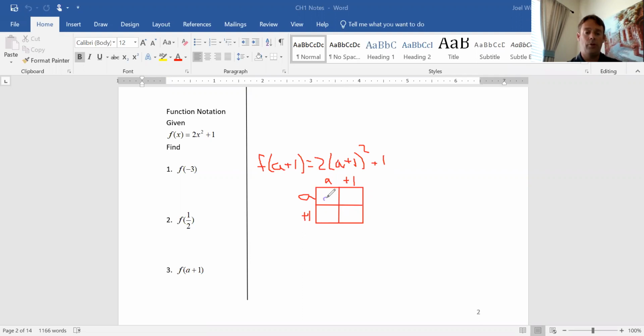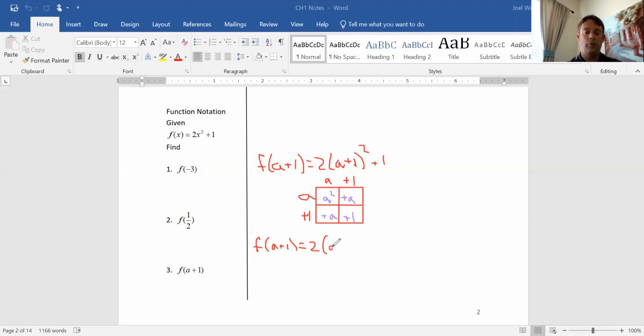So we have a squared. We have a positive a. We have a positive a. And we have a positive 1. And that brings us to two times, we're going to clean all that up there.